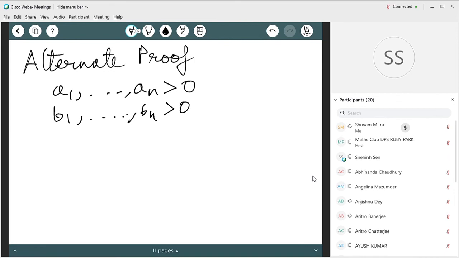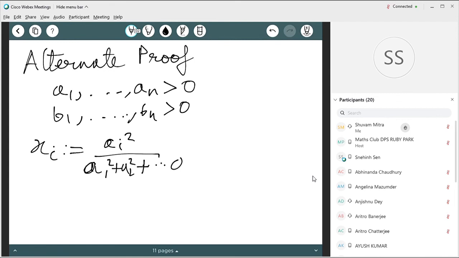So we define a new quantity. xi is defined as ai whole square by a1 whole square plus a2 whole square plus ... plus an whole square.